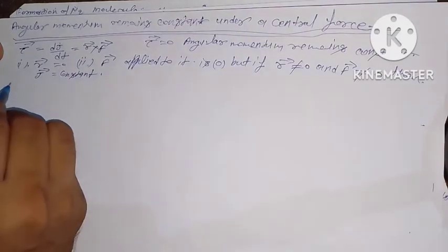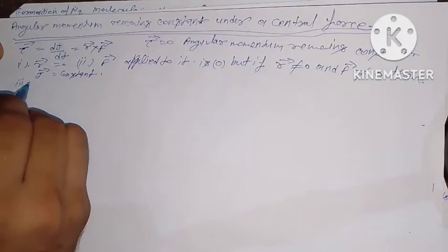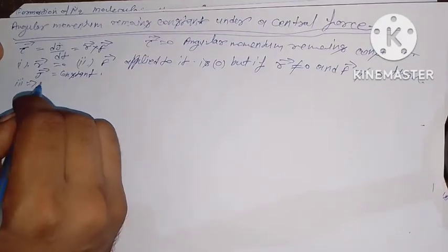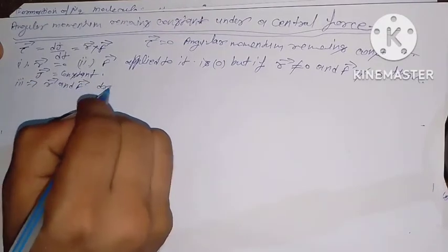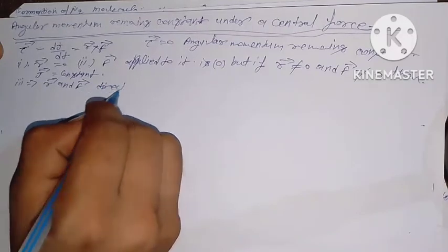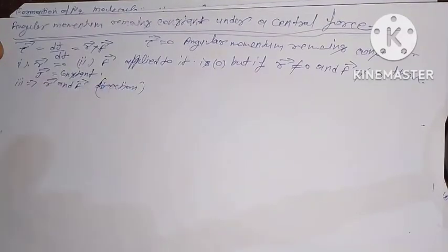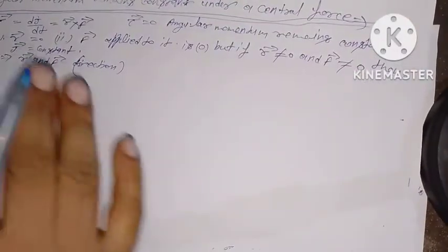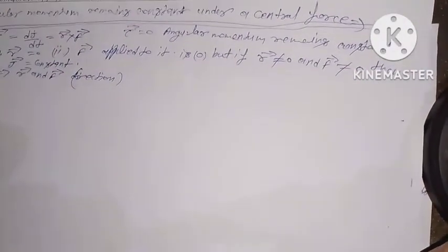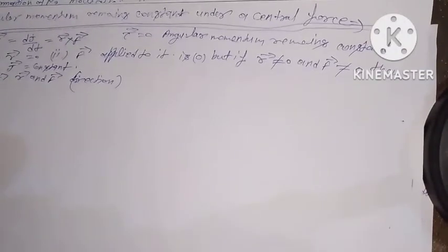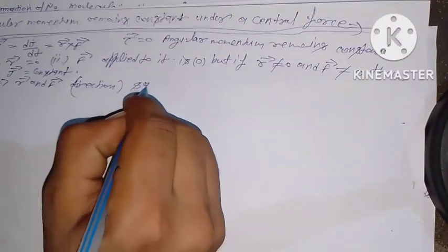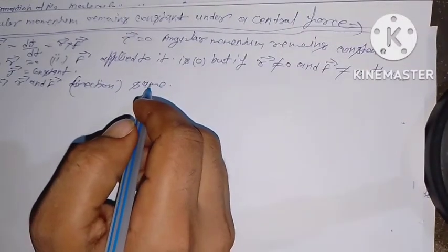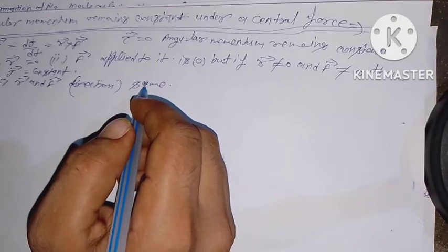Third point: the direction of both vector r and vector F should be the same, that is, the line of action of the force passes through the fixed reference point.